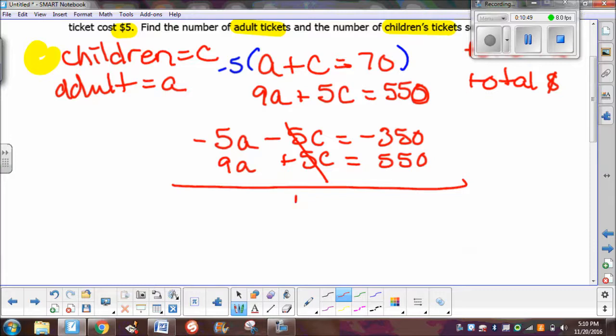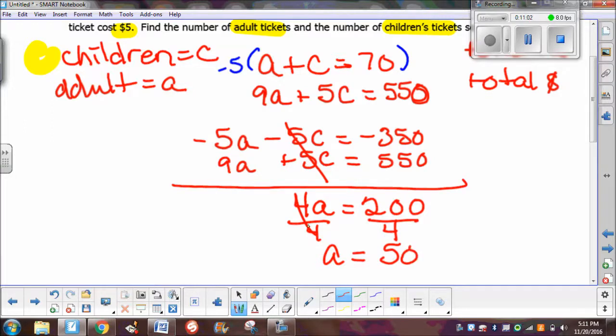Now I can eliminate. Okay, I got opposites for my c's. I'm going to combine like terms. 4a equals, and I believe that is 200. Divide by 4. So adult tickets, 50. So we've got 50 adult tickets. And then the children's tickets, we can go back right into that original one.